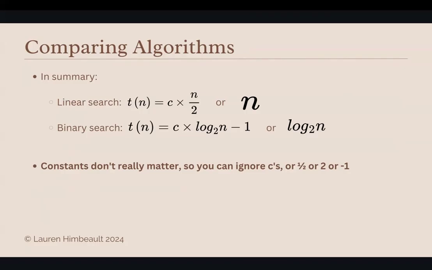And in general, loose terms, it's just because all we really care about is how the time is changing in terms of the problem space, in terms of that number of elements, that n value. So we can just ignore the fact that there are some constant things that happen with every iteration.